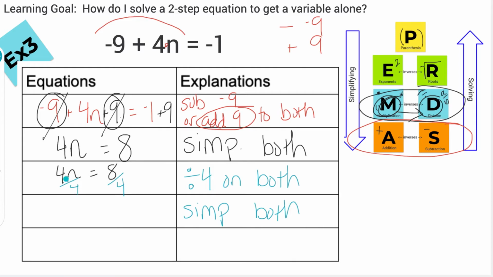So to do that, 4n divided by 4, well, these cancel. Times 4 divided by 4, inverse operations. So we're just left with n equals 8 divided by 4 is 2. So that means that if I were to do -9 plus 4 times 2, I would get -1, which makes sense because this is -9 plus 8, and that does equal -1. One more.